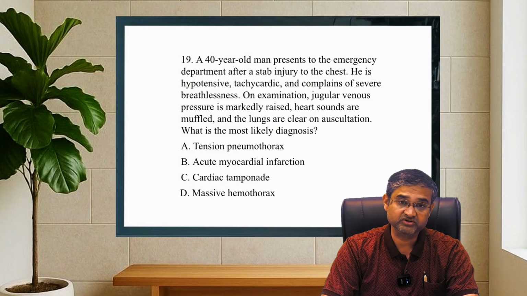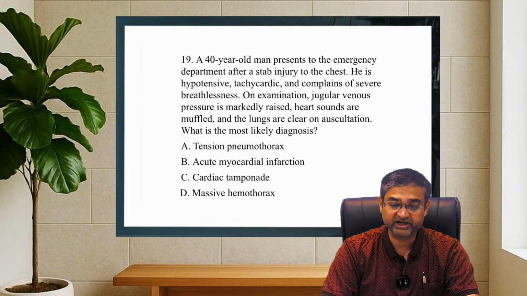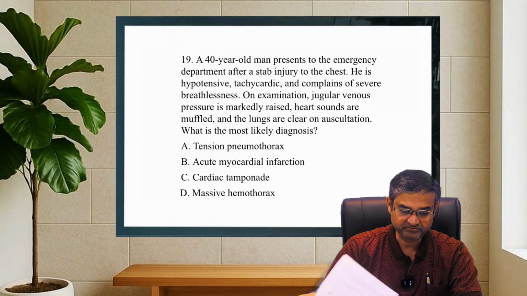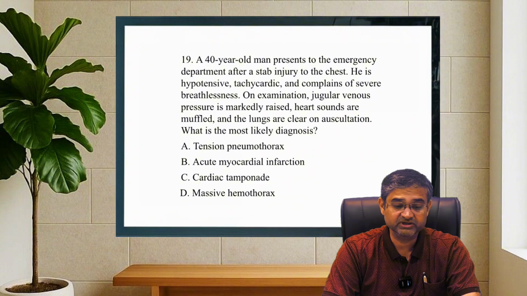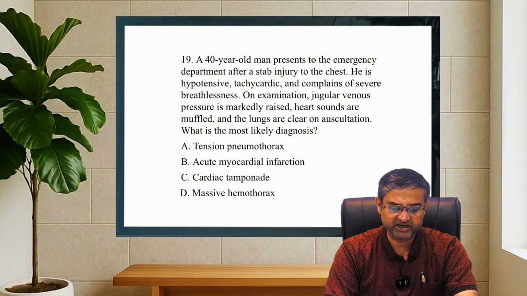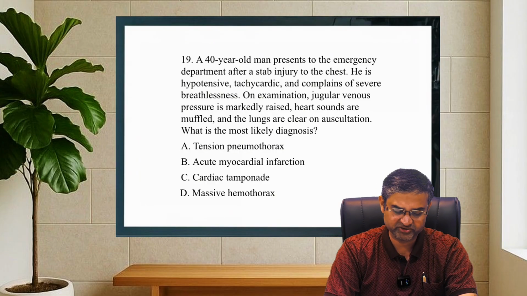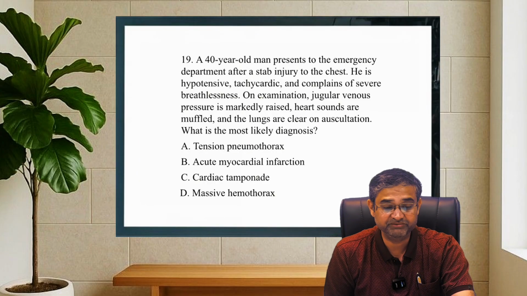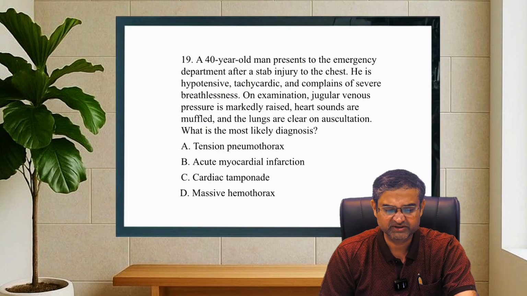The most common causes for cardiac tamponade are penetrating chest trauma, rupture of myocardium, malignancy, and pericarditis, and the management for such a patient is immediate pericardiocentesis. You have to do it in the emergency ward itself.